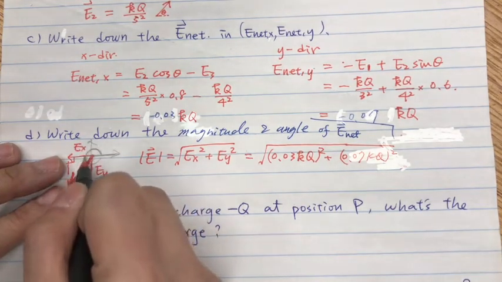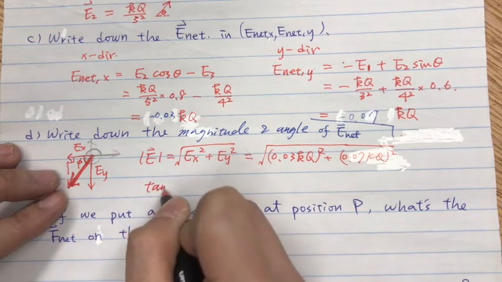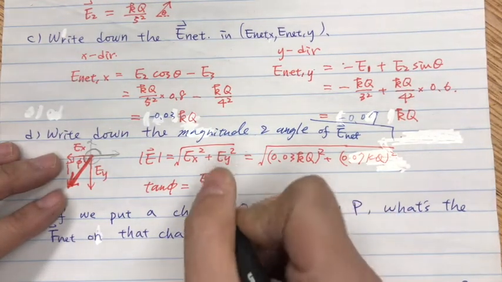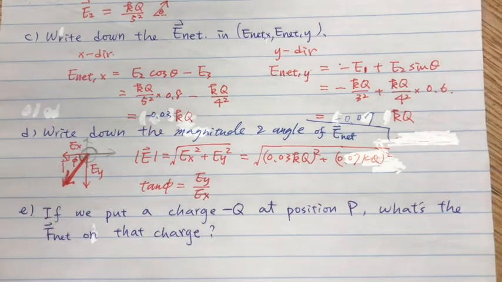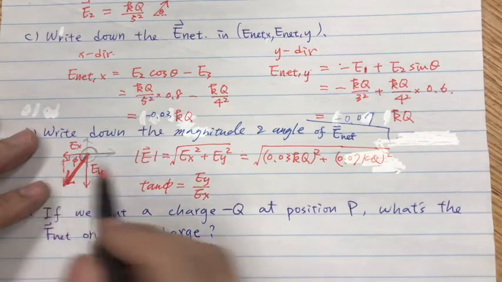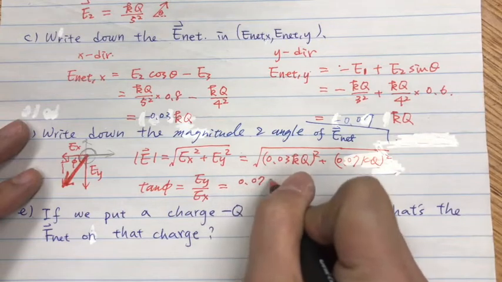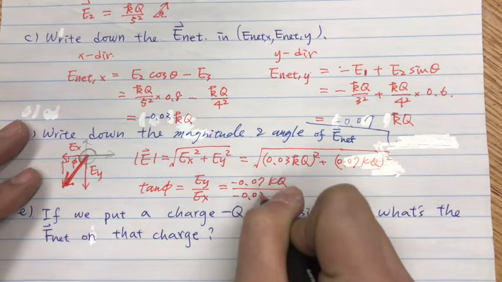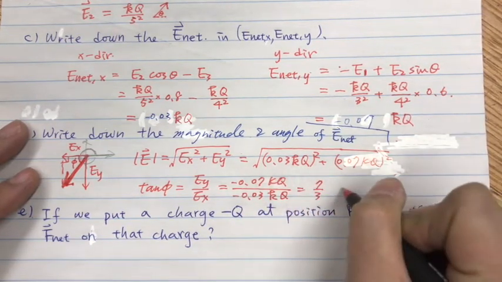So this angle, let me call it phi. We know the tangent of phi is EY over EX. Okay, so think about it by yourself. This is tangent, and since it's EY over EX, EY is 0.77 KQ, EX is 0.3 KQ. So it's 3 over 7.